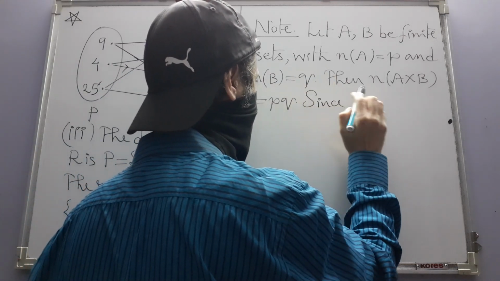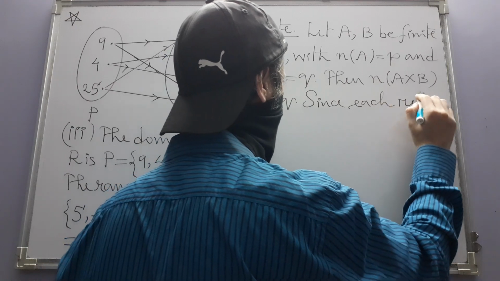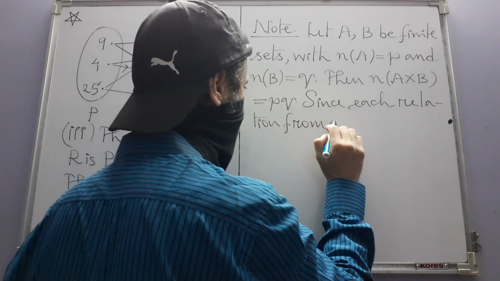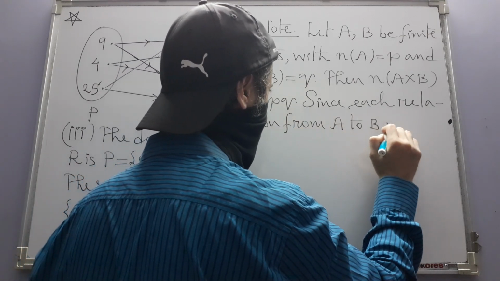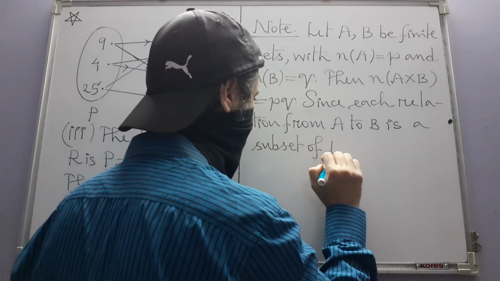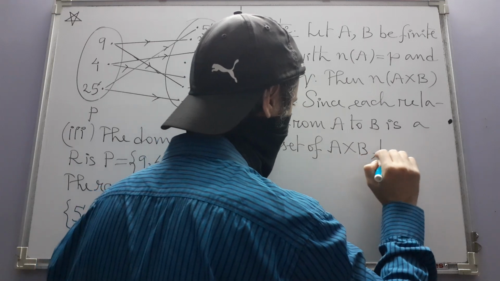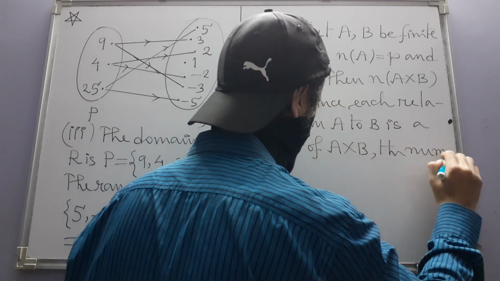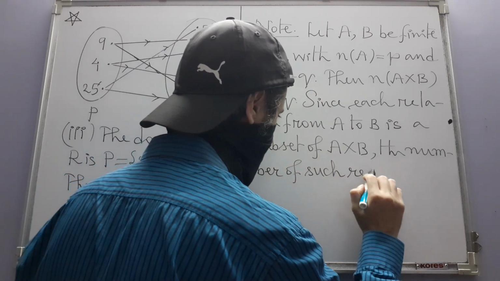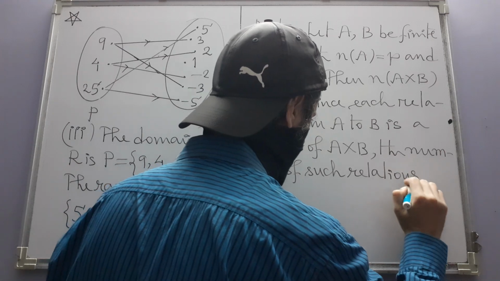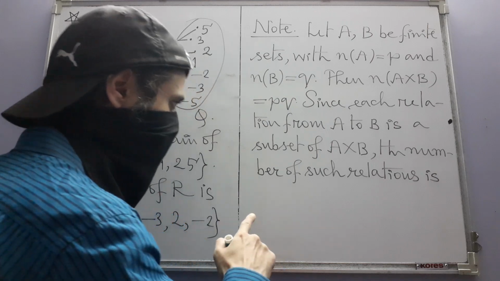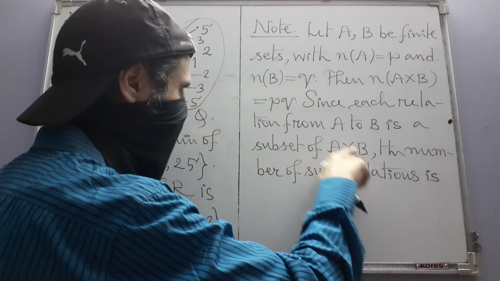Since each relation from A to B is a subset of A times B, the number of such relations is the number of subsets, which is 2 to the power of the number of elements in A times B, that is pq.